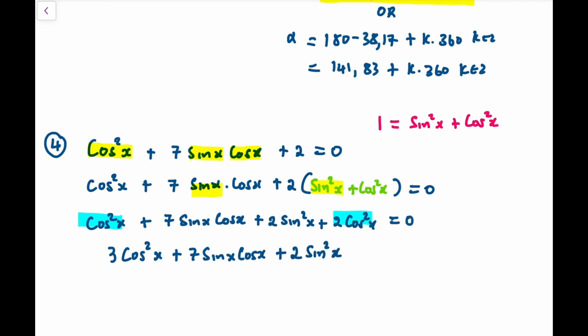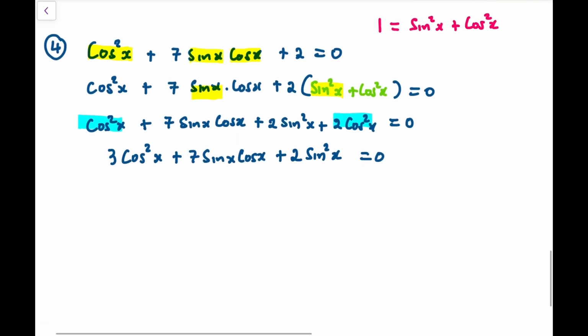Remember, this is all equal to 0. Now we can factorize this. So now this is the same as 3x squared plus 7xy, and then plus 2y squared. So grade 9 factorization.